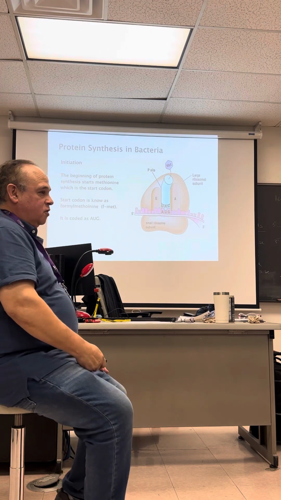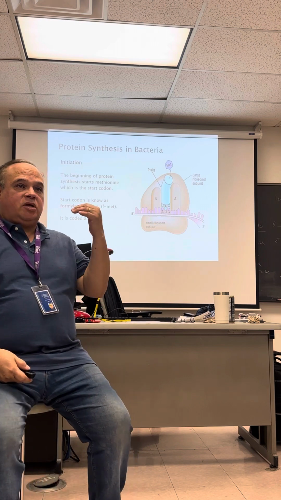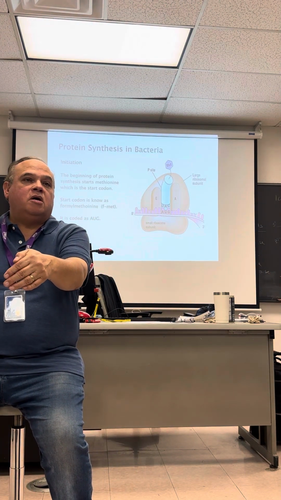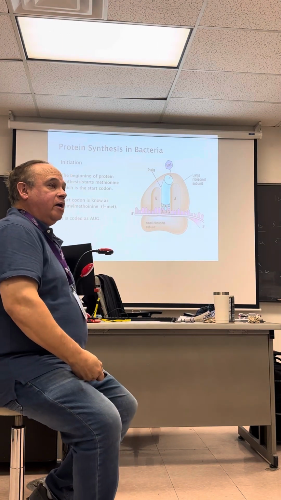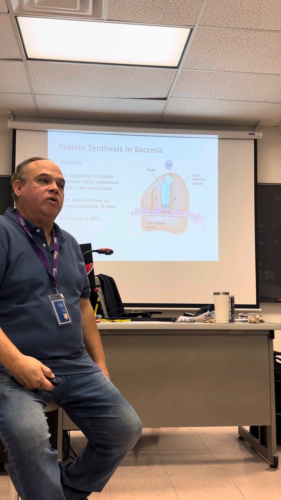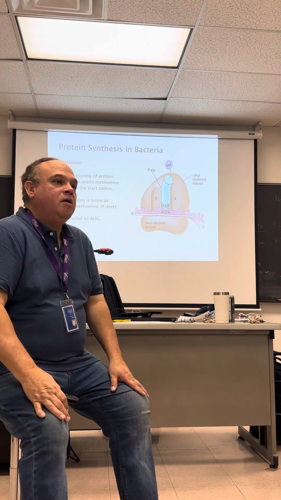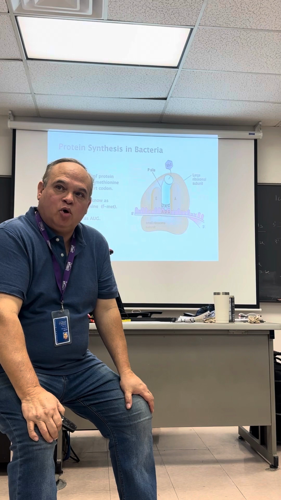Let me come back here for just a minute. There are 3 sites within the ribosome: an E site, a P site, and an A site. How many people have heard this before? The A site is the acceptor. That's where the anticodon is accepted by the ribosome to attach to the codon. The P site stands for peptidyl, which means to put into a chain.